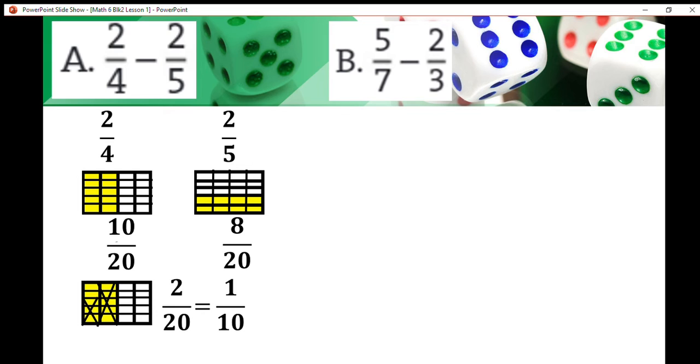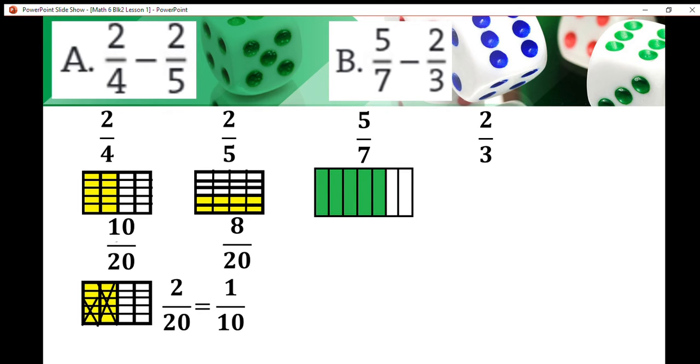Let's have letter B. We have 5/7 minus 2/3. So we will perform again the rectangular strip. So we'll have 7 cut parts, then 5 shaded rectangular strips. And the 2/3, we cut it into 3 parts because of the denominator 3.